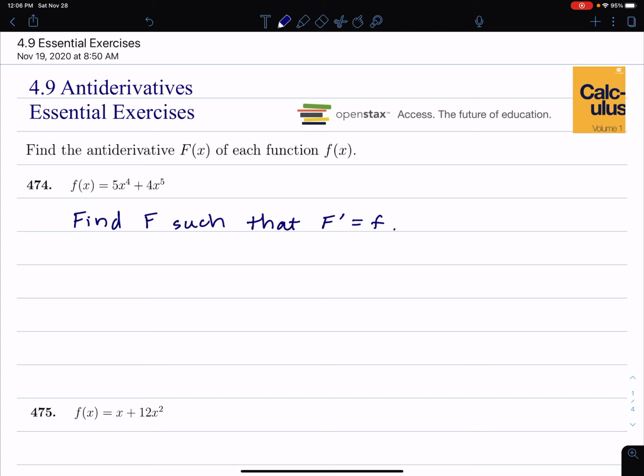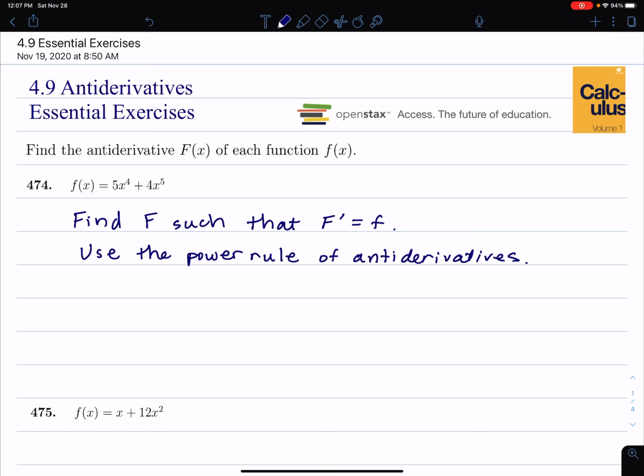And what I'm going to do is use the power rule, not of derivatives, but the power rule for antiderivatives. You could call that the power rule of integration.